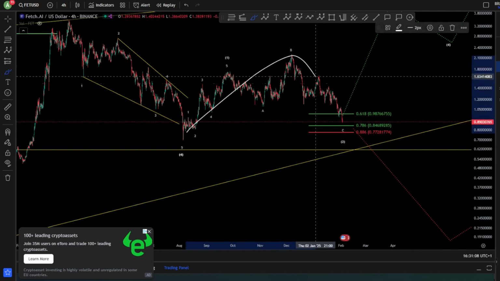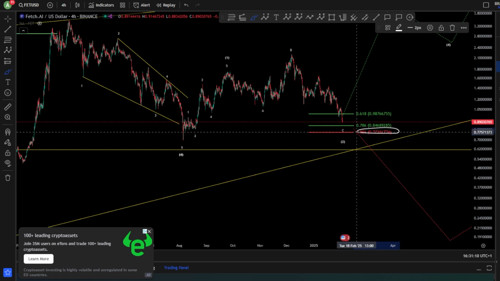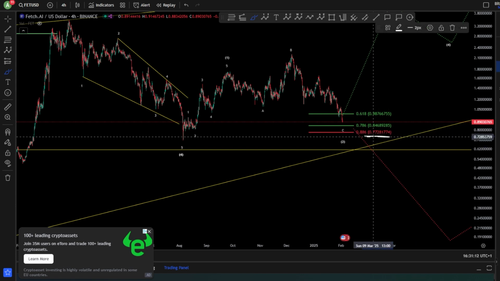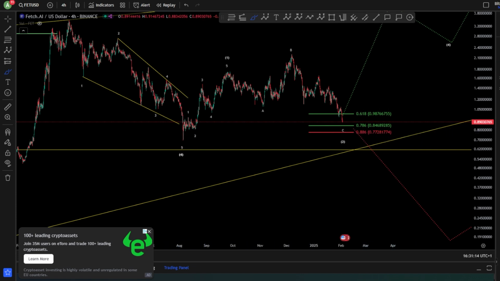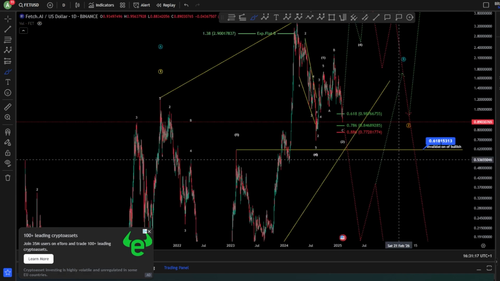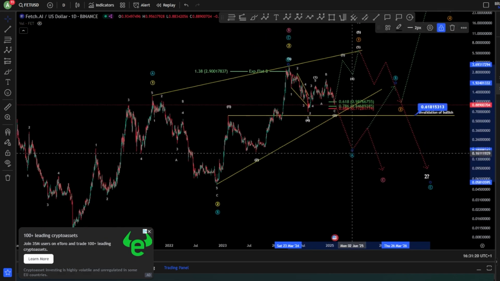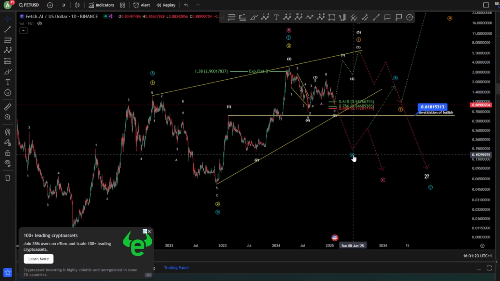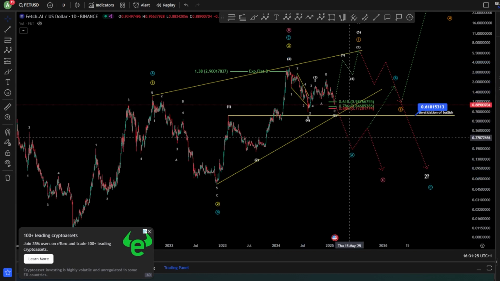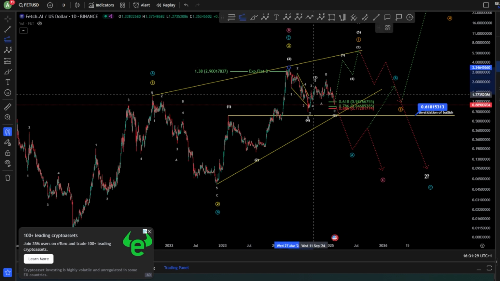Invalidation of the bullish scenario, of course, is 886, 0.77. Meaning you will take this low, and that means in the daily we are probably moving to another scenario, which is your wave A. Now, of course, this wave A can be somewhere else than here, we're gonna see, but let's check this one.